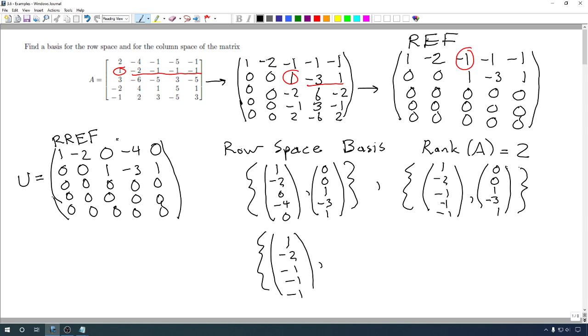And then we look and see that the second row of U was originally the first row of A. So we then go ahead and use that first row of A. So we could have a second basis vector of 2, -4, -1, -5, -1.